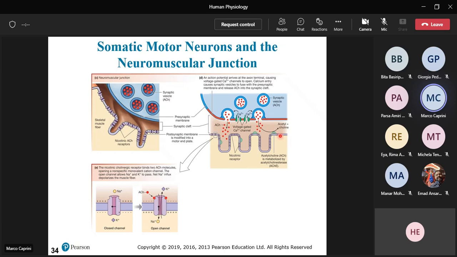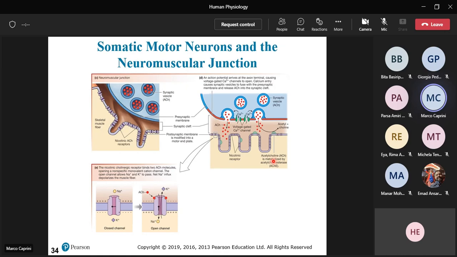The acetylcholinesterase metabolizes the acetylcholine, and the acetyl group and the choline group can be reused, okay? But the important point is that the enzyme breaks down the neurotransmitter, so the process stops.